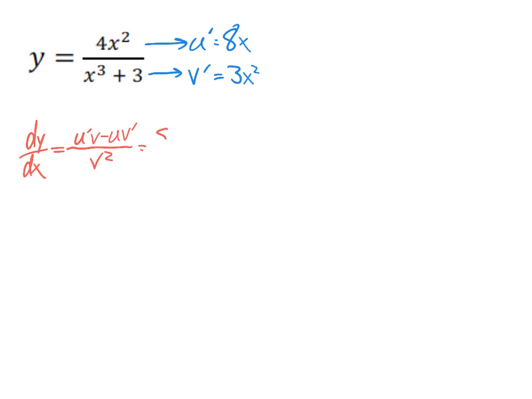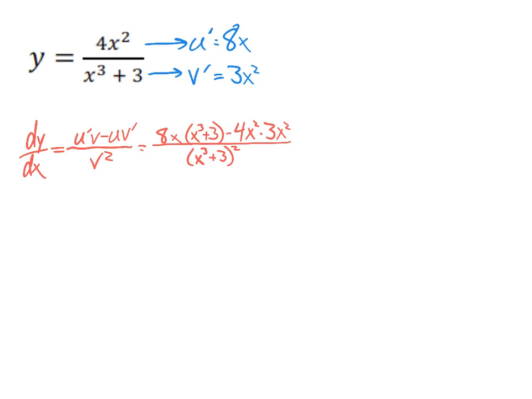So u prime is 8x, v is x cubed plus 3, minus u, 4x squared, times v prime, 3x squared, all over x cubed plus 3 squared, the v squared.